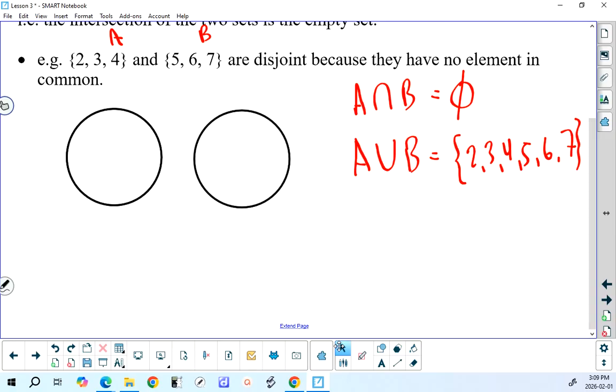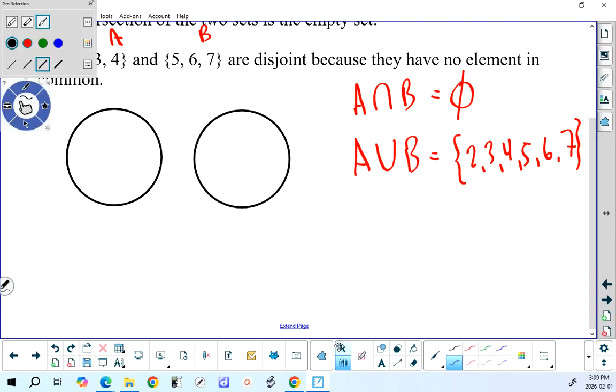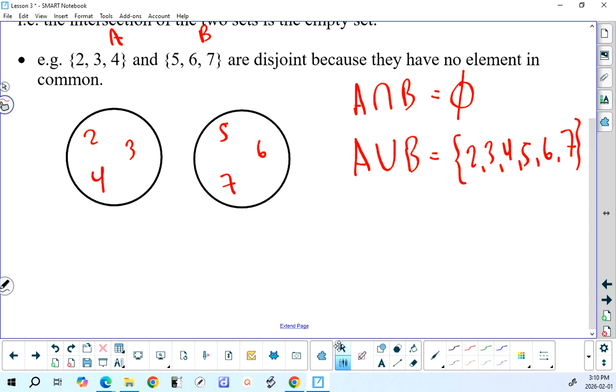They don't overlap because they're disjoint. Don't read anything else into it. If they are disjoint, they will look like this. So what we have is 2, 3, and 4 over here, 5, 6, and 7 over here. And again, I'm getting ahead of myself because this is tomorrow's material, or coming down the pipe anyway. It's not officially part of this lesson.